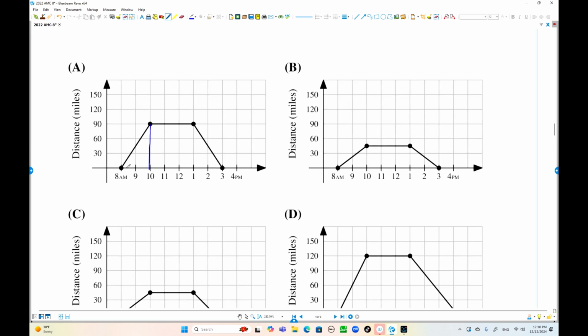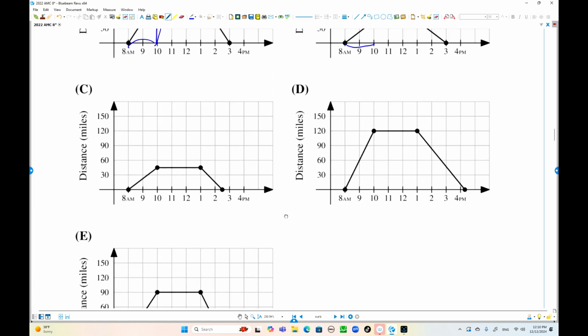Check out the slope. Slope is the speed. 90 over 2 is 45. This is also 45, right? This should be 60. This is okay too. This is around half of the 45, but when you divide it by 2, that is 22.5, right? That's not working.